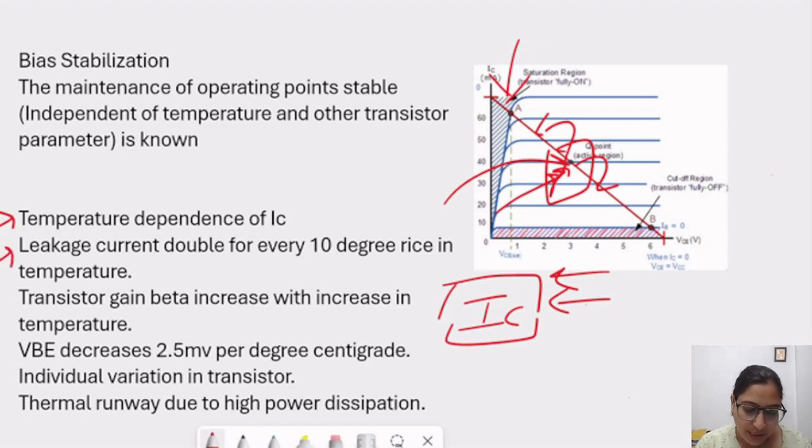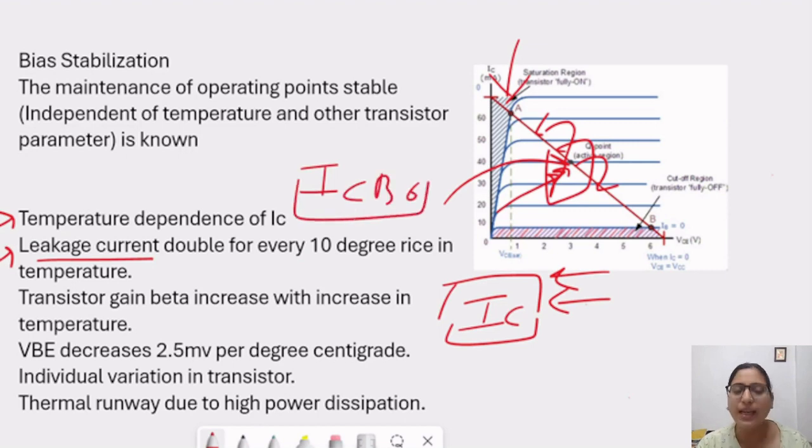Second one is our leakage current. Leakage current is nothing but ICBO, which is a minority charge current and which is generated in the base region. This leakage current is nothing but the reverse saturation current, we can say, which we already studied in our earlier topic. Leakage current doubles for every 10-degree rise in temperature.